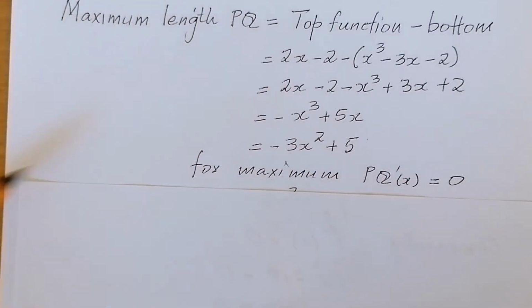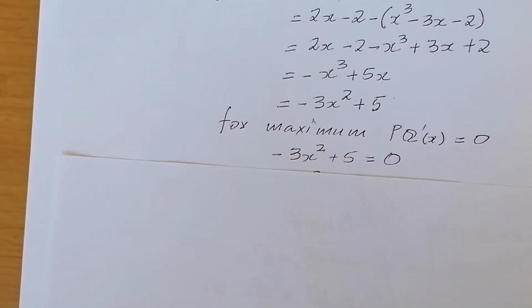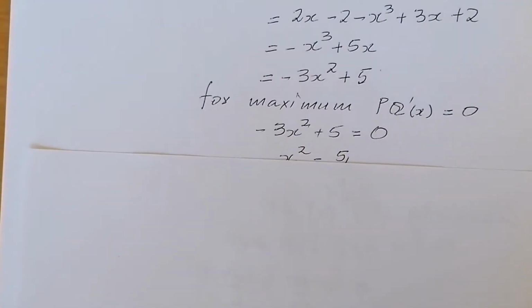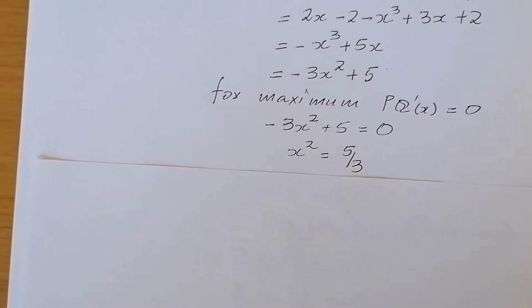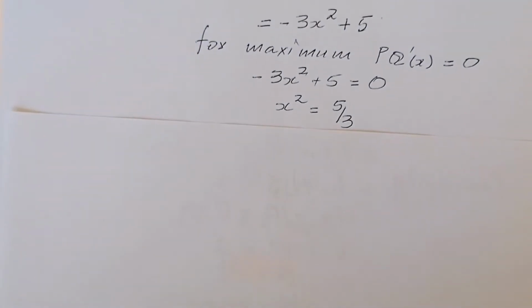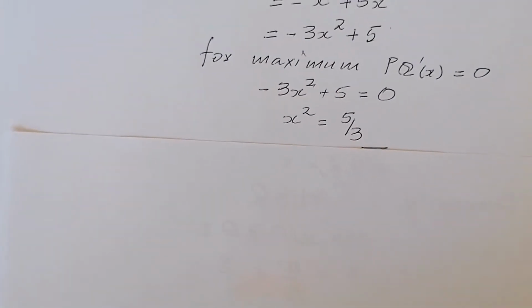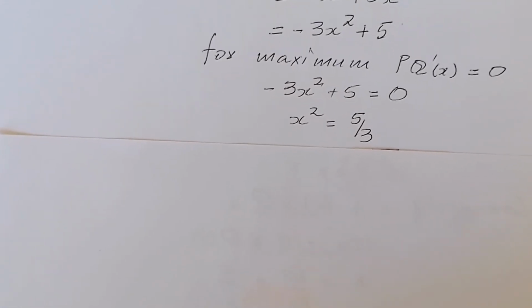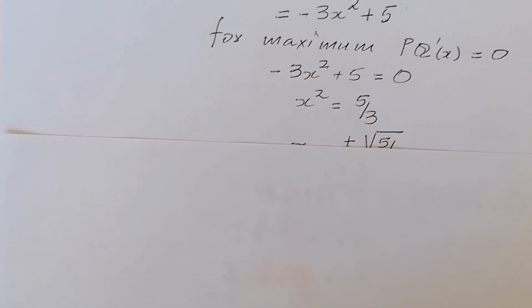We equate that to 0. Then we take 5 to the other side of the equation and we divide by minus 3. Now we get x squared, which is equal to 5 divided by 3.